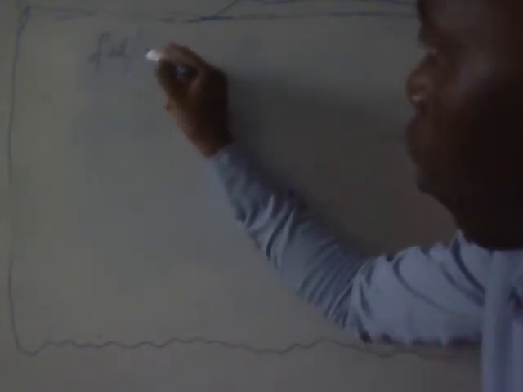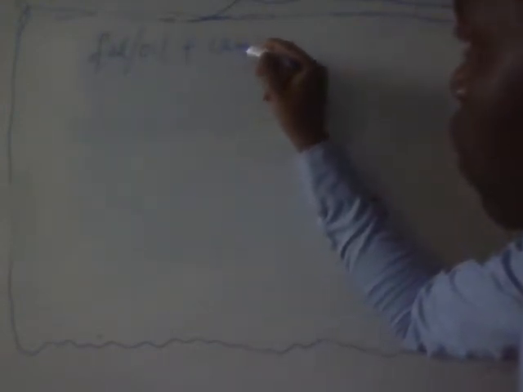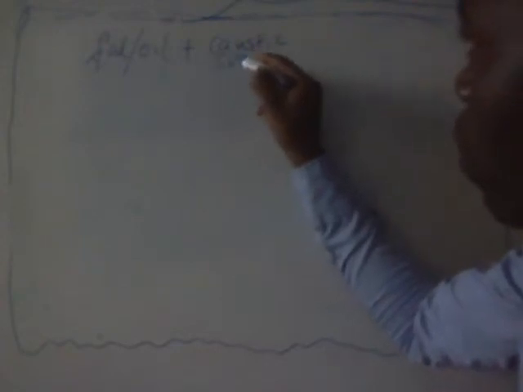Glycerol. We have fats or oil reacting with caustic soda to give soap plus glycerol.